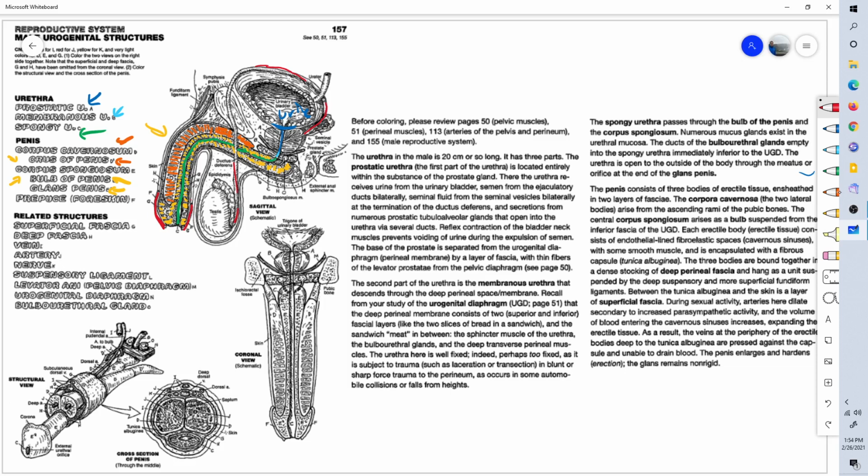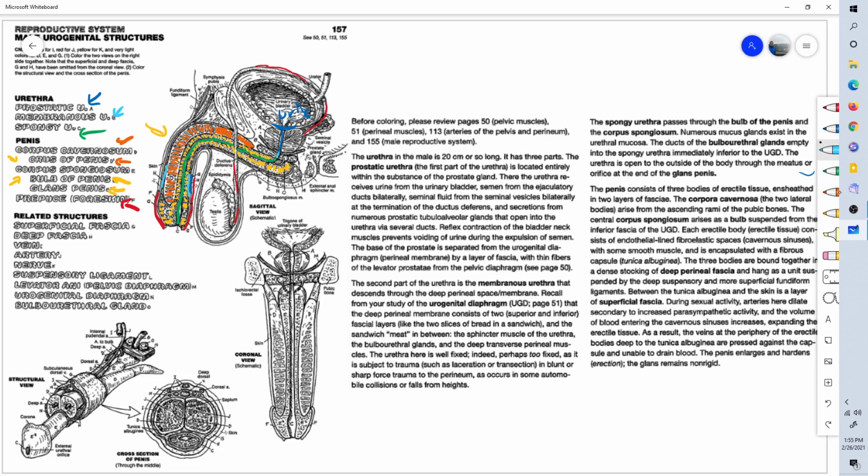Now, some related structures surrounding the corpus spongiosum and cavernosum are layers of fascia. Here's the skin, and underneath we have a layer of superficial fascia and a layer of deep fascia.